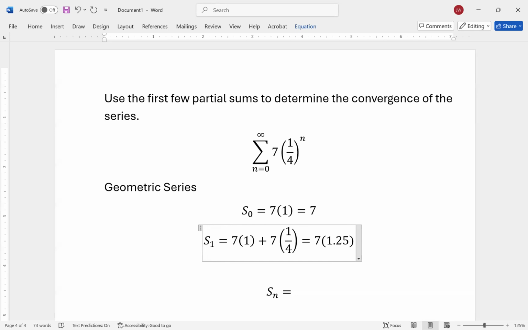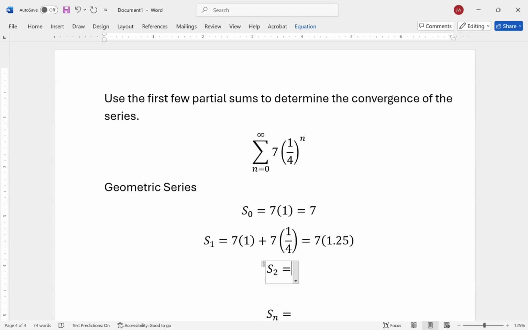You could try to make that a fraction, but I am going to just write it as a decimal. So that 1 plus 1/4 becomes 1.25.